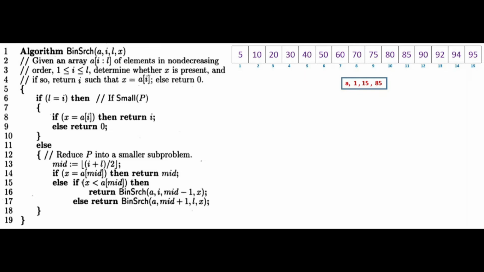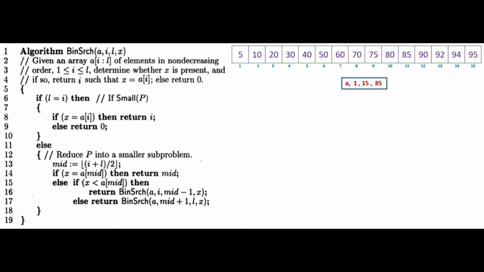So we create a root node. The root node contains 4 parameters, 4 values. Listen to the algorithm: binary search of A, I, L, x, there are 4 parameters. Those parameters are represented in the root node. A is the name of the array.